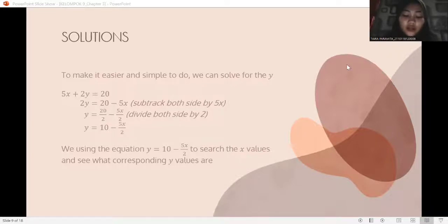So y is 10 minus 5x divided by 2. We use the equation y equals 10 minus 5x divided by 2 to search the x values and see what the corresponding y values are.